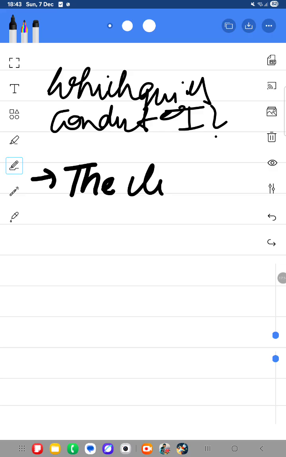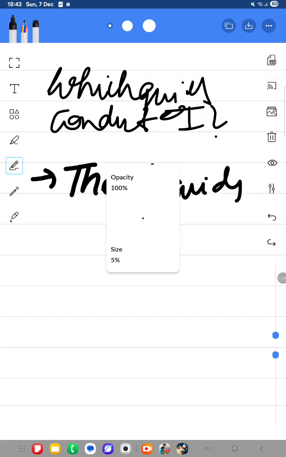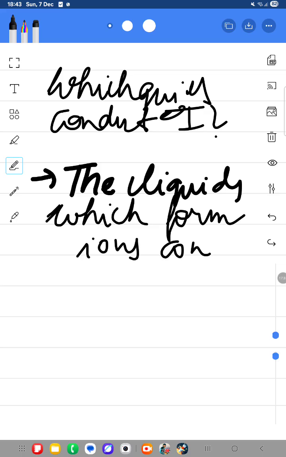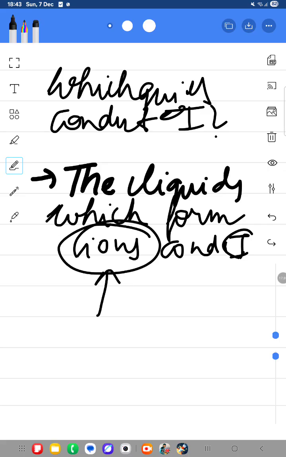The liquids which form ions conduct electricity. Now you may be thinking that what are ions?